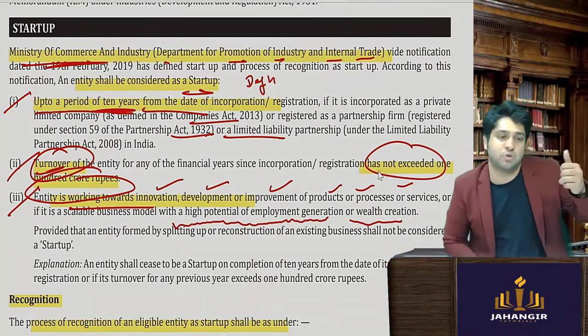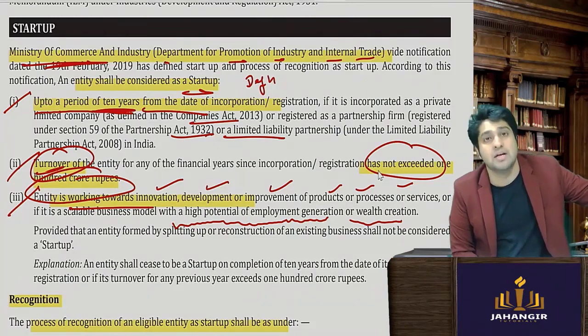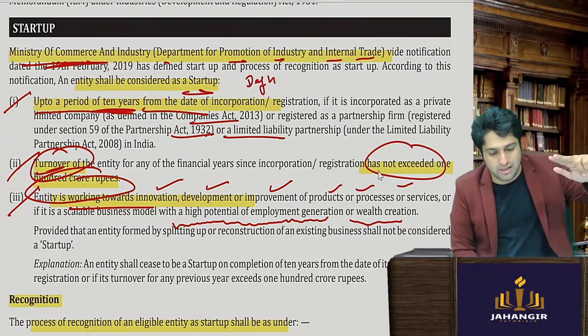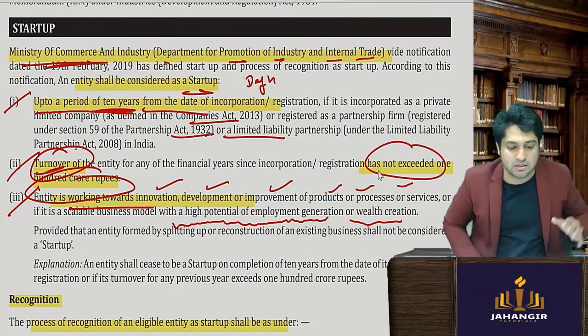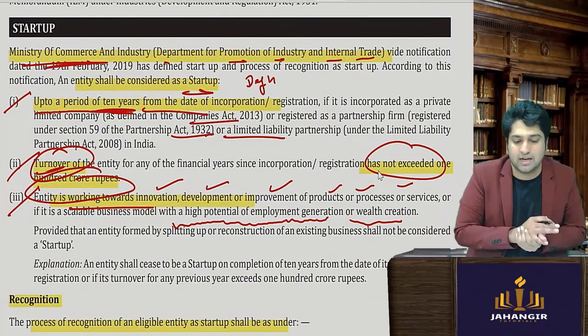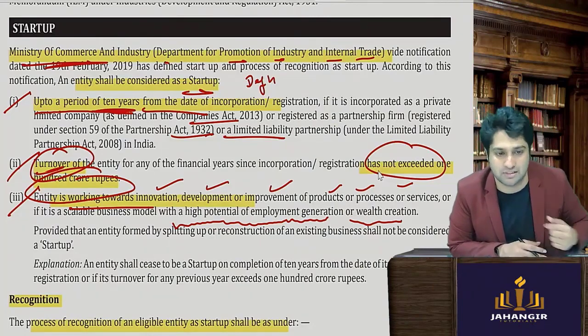So a company which is up to 10 years in existence and has been registered as a company, LLP, partnership firm, with turnover not exceeding 100 crores, and basically is working towards innovation, development in product, process, service, and is a scalable model that can have a high potential of employment generation and wealth creation.